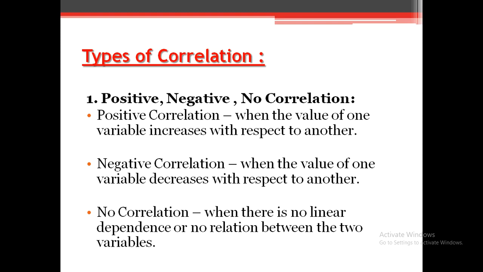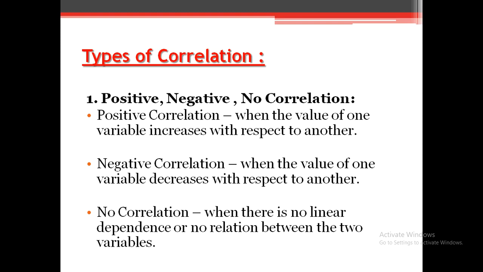So negative correlation means the value of one variable decreases with respect to the other. If we are adding something, the value will increase, but if we are decreasing the sales amount from the total, then the sales amount will decrease. So this is a negative correlation.